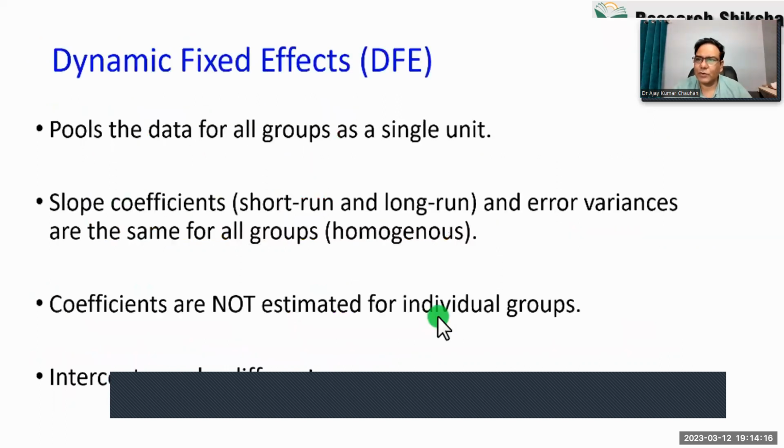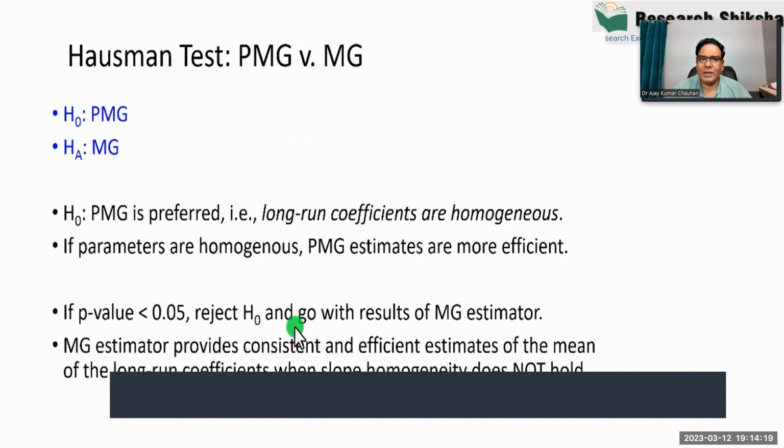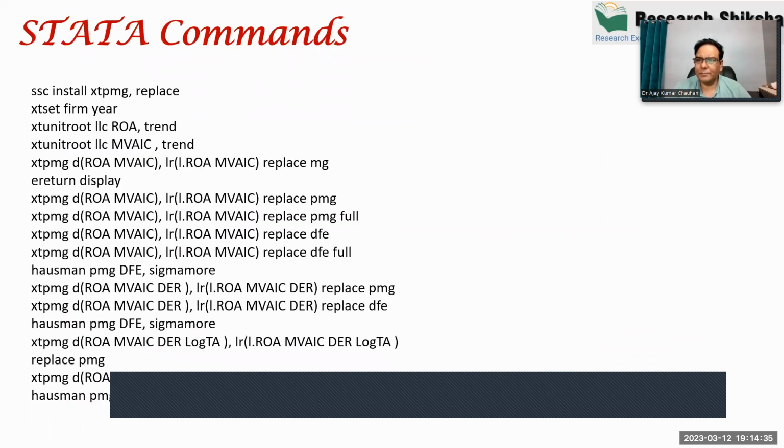So we have three choices: DFE, MG, and PMG. Then we apply the Hausman test, which will tell you whether PMG or DFE is better. The null hypothesis is that PMG is better, and if it is rejected, then we go for the other. This is the basic theory of the panel ARDL model.